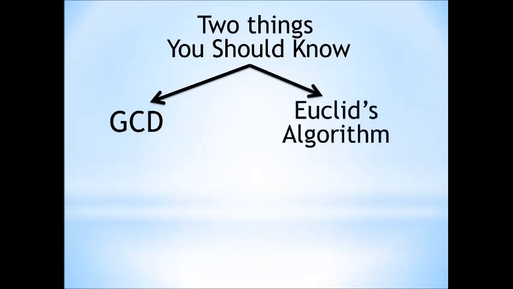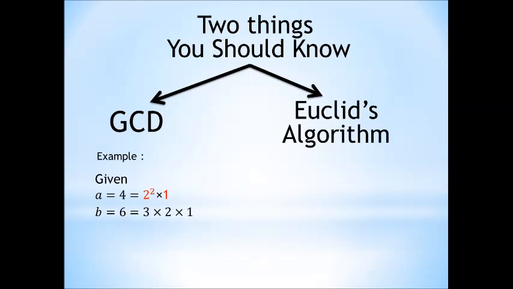Now, before we go any further, let me introduce two things that you should know. The first is the GCD, the greatest common divisor between two integers. The second is the Euclidean algorithm, a method of divisibility. Let's see some examples.